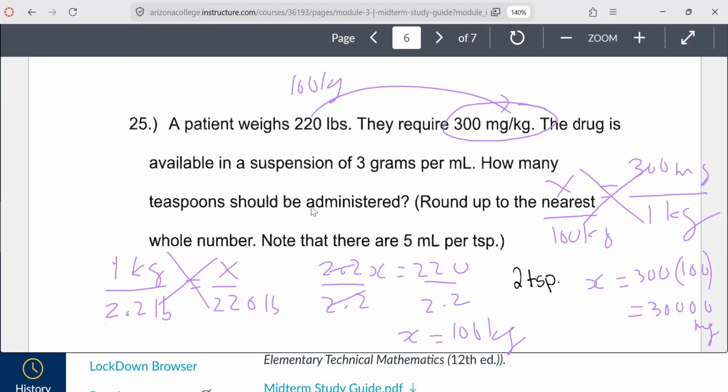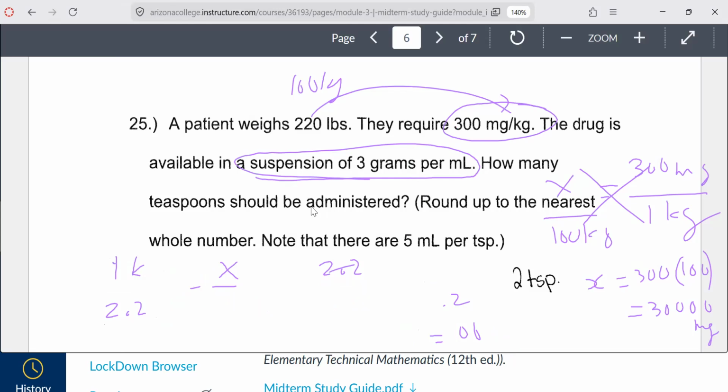Okay, so in your mind as a nurse, you know that this patient is taking 30,000 mg because the patient is 100 kg. Now, the drug is available in 3 grams per ml, but you know that the patient needs 30,000 milligrams.